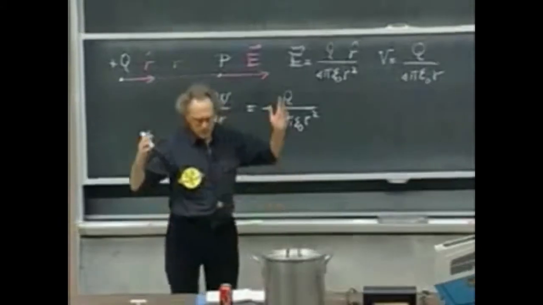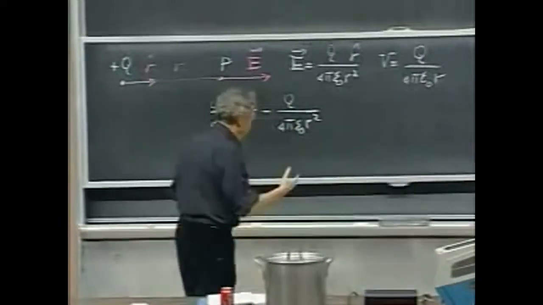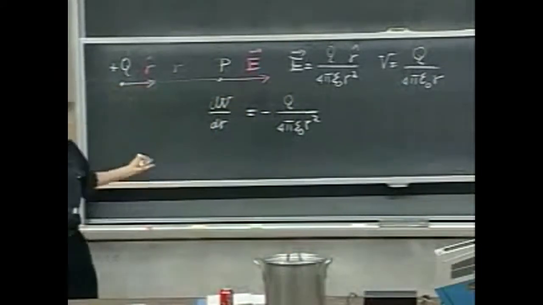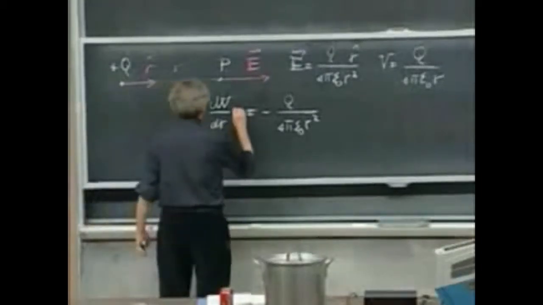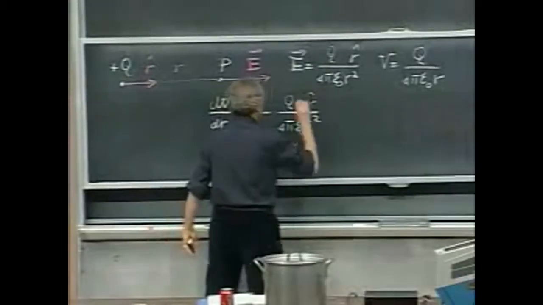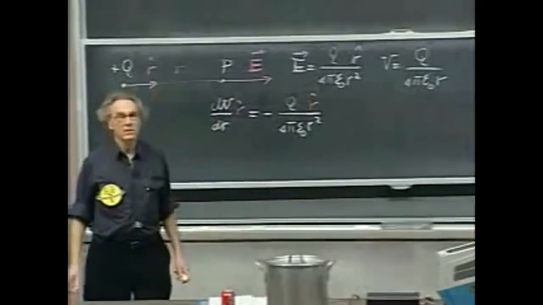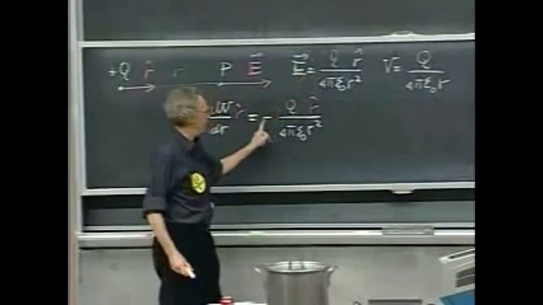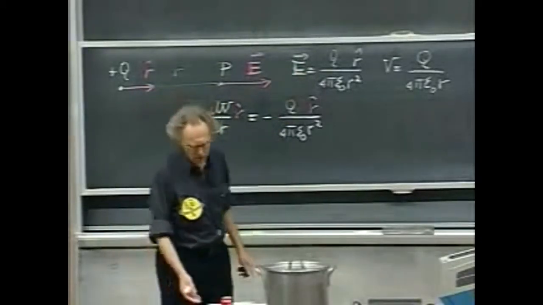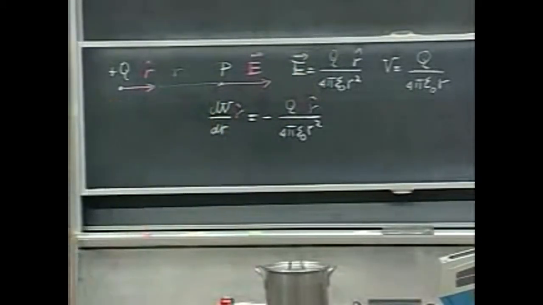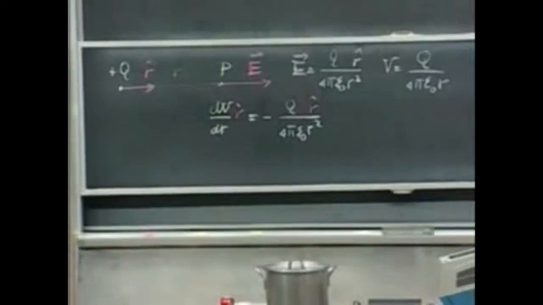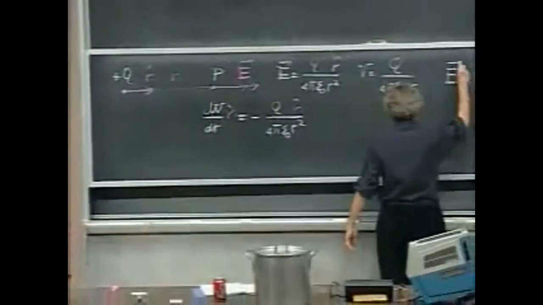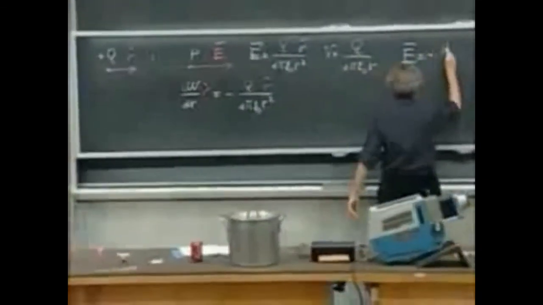Of course, if I want to know what the electric field is, I need a vector. So I will multiply both sides, which is completely legal, there's nothing illegal about that, with a unit vector in the direction r. So that turns them into vectors. And now you see that I'm almost there. This is almost the same, except for a minus sign. And so the derivative of the potential is minus E, not plus E. And so I will write that down here, that E equals minus dV/dr.